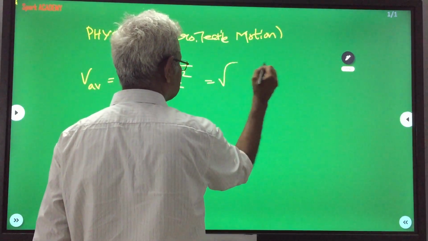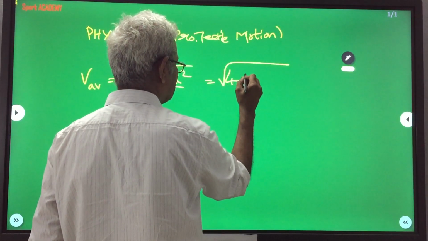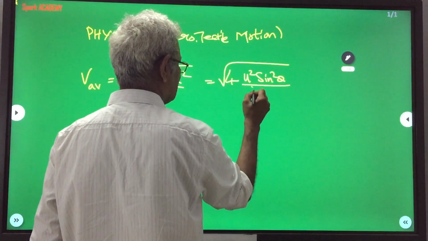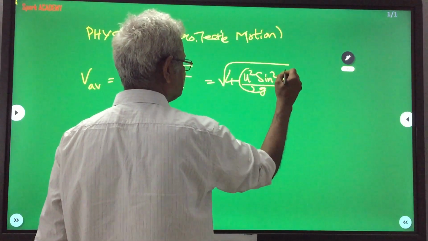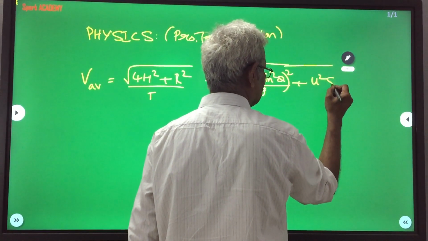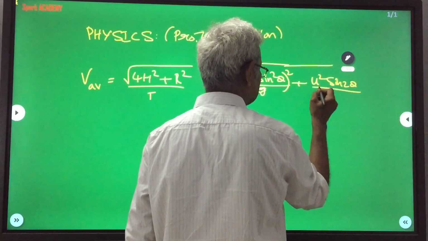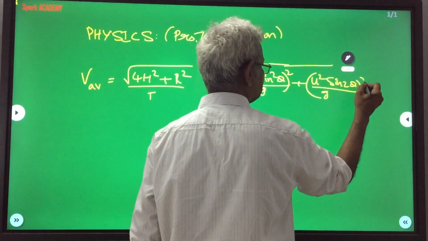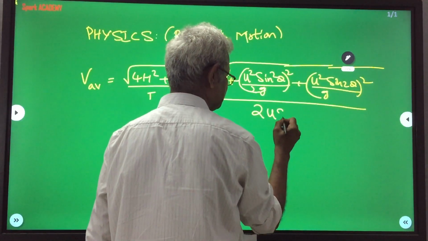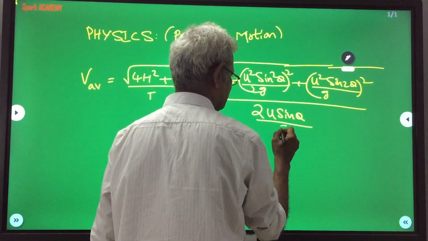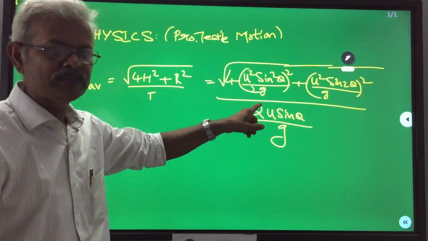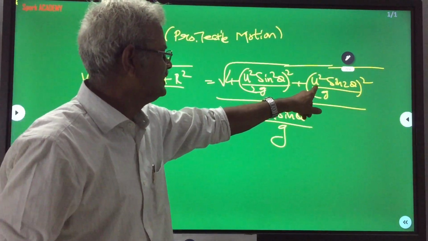So what is 4h square? Maximum height is u square sin square theta by 2g, and range r is u square sin 2 theta by g, whole square, and time of flight.